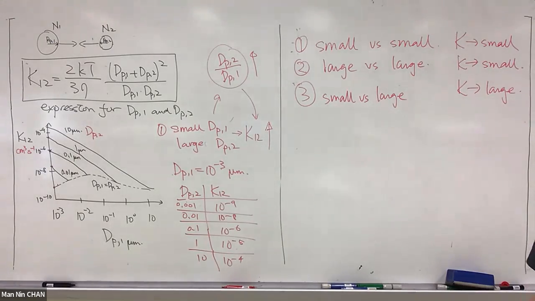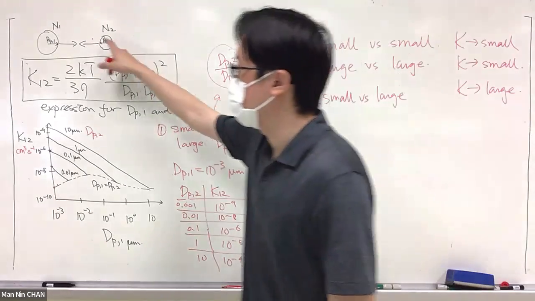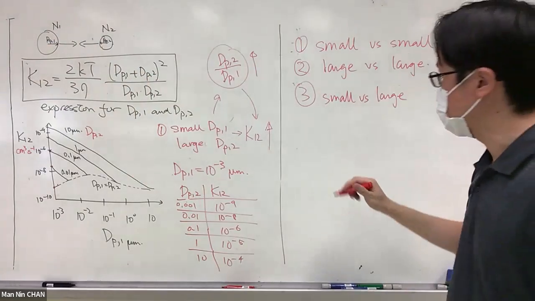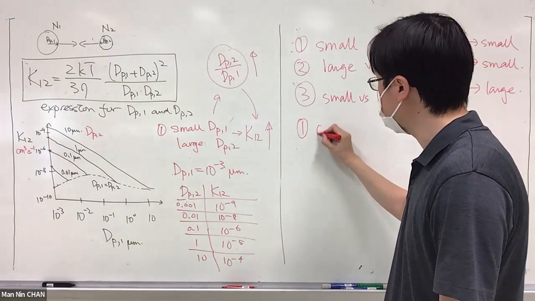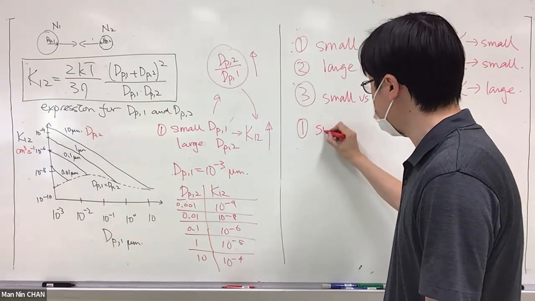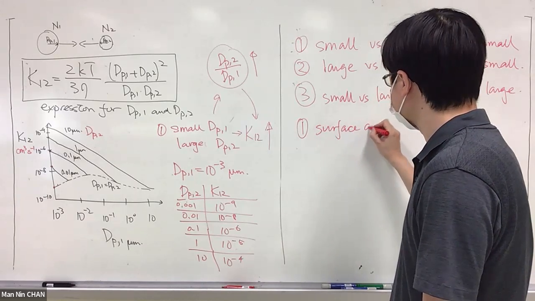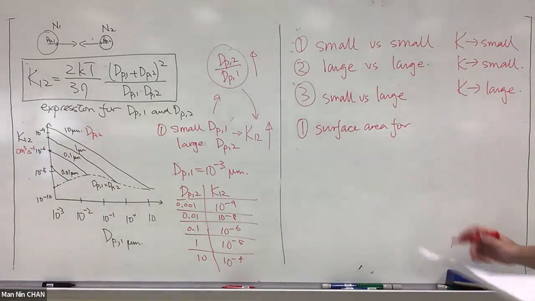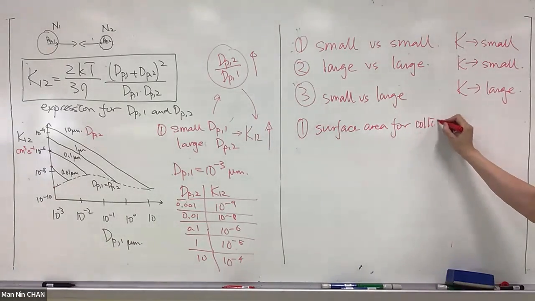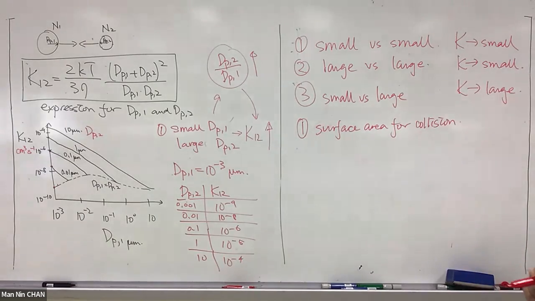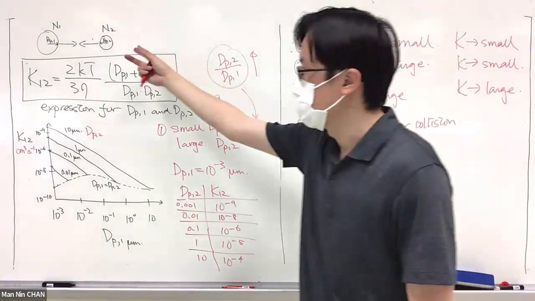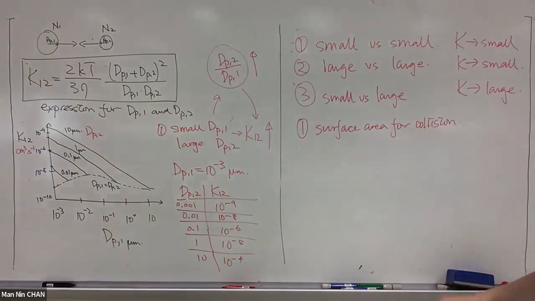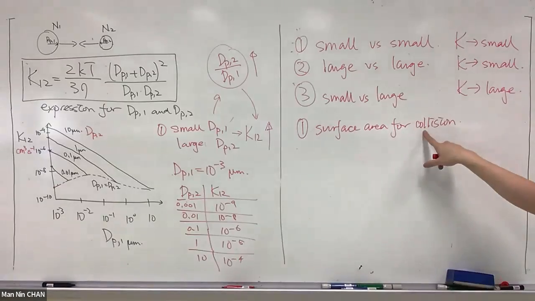One thing we can argue is that when coagulation happens, there are two important things. One is what we call the cross-sectional surface area for the collision. Of course, if you want coagulation or collision to happen, you want a large surface area or target area for the collision.